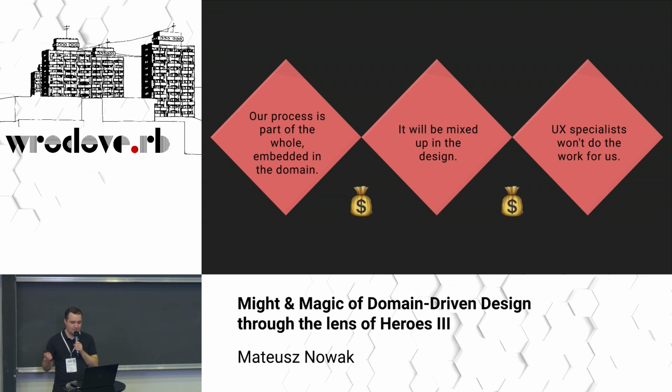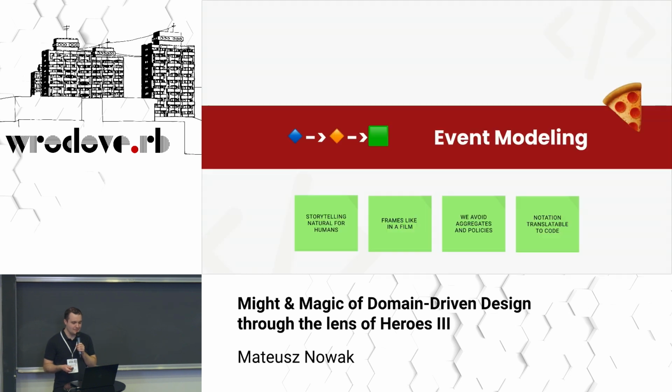So we already have a UI, we have events, so it's time to connect them somehow and craft our domain model. To do that, we are going to use event modeling. I prefer it over process and design level event storming. Event modeling is based on a natural human ability to tell stories.